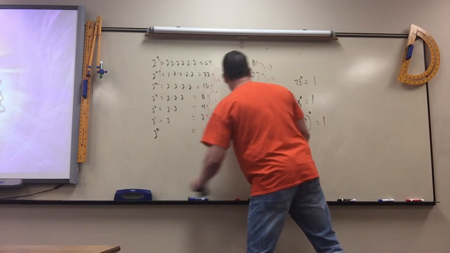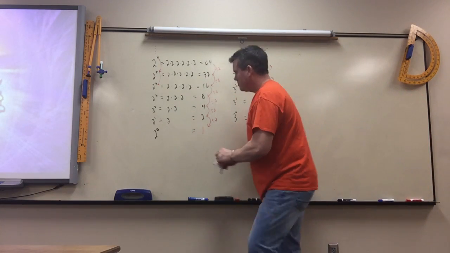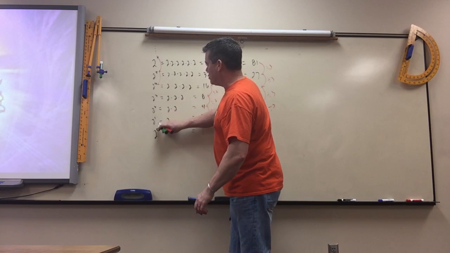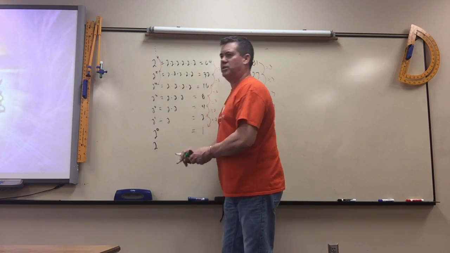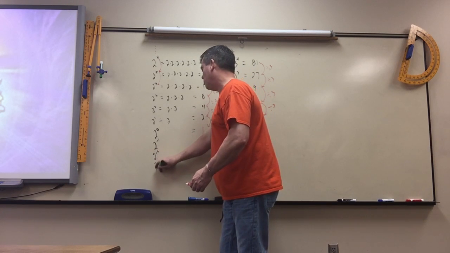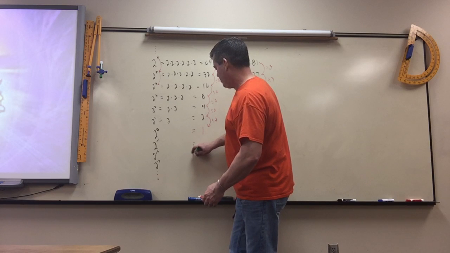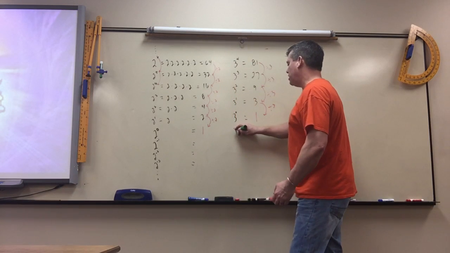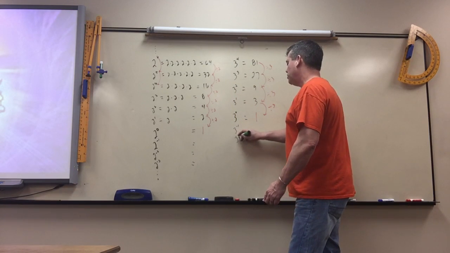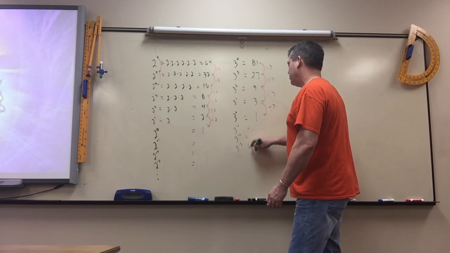Now, if we followed this pattern, this is going down 1 each time, so what would come after 2 to the 0? Negative 1, and then negative 2, and negative 3, and so on. So same thing here, 3 to negative 1, 3 to negative 2, 3 to negative 3.